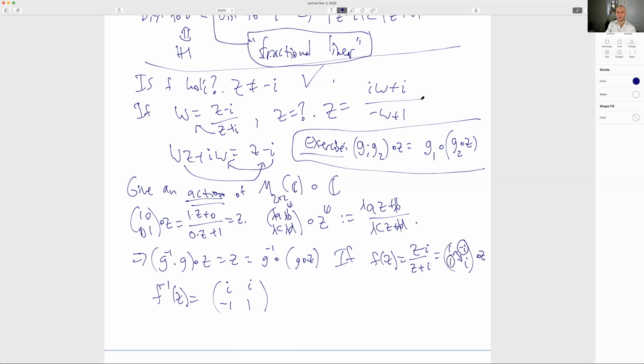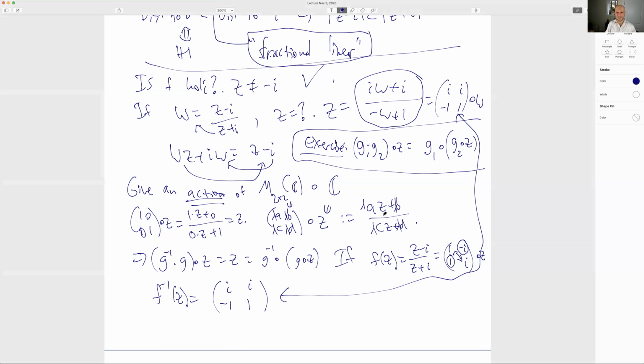And look at the map that we wrote down. This inverse map is exactly I, negative 1, 1. Okay, so that's how you could have done this in 2 seconds instead of doing any algebra.